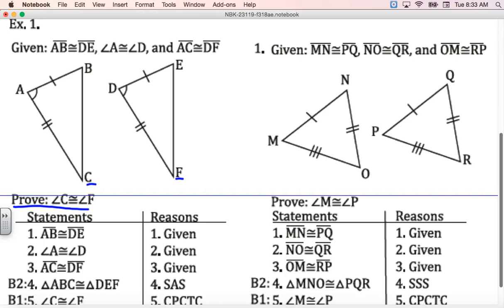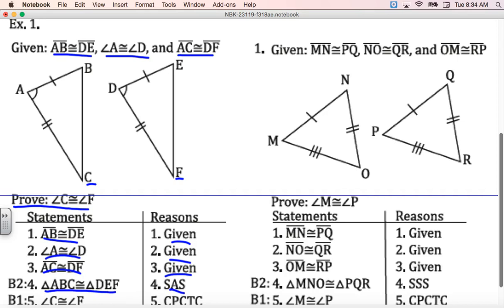What we're given is AB is congruent to DE, angle A is congruent to angle D, AC is congruent to DF. So we're given those three things. In our proof, we put those three things as givens. That's enough information to say the triangles are congruent because of side, angle, side.